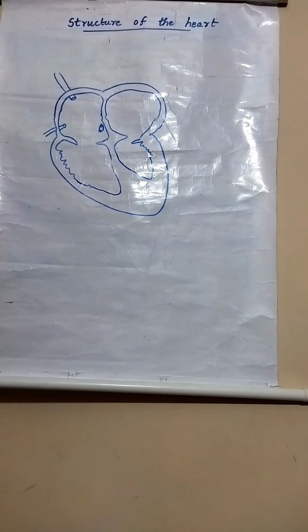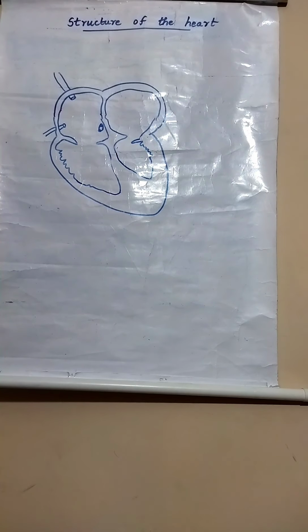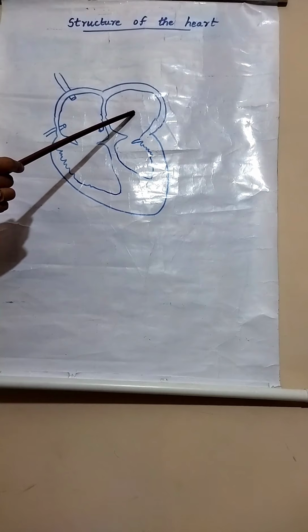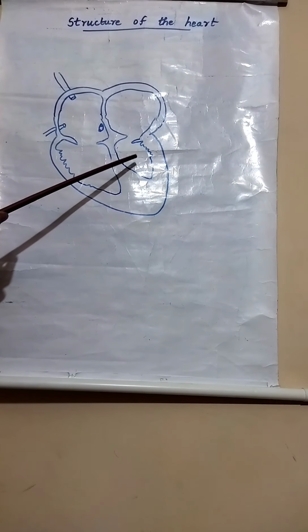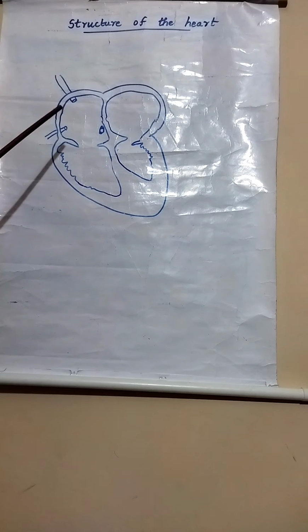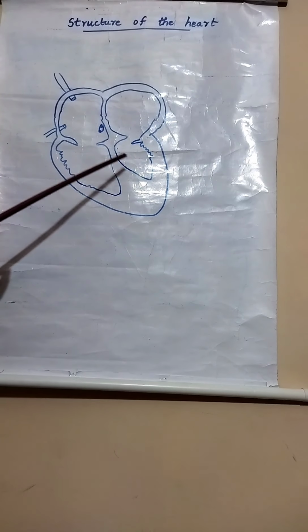Now, in mammals, the chambers in the heart are 4. So this is the left auricle, the right auricle, the left ventricle and the right ventricle. So 4 chambers of the heart, 2 auricles and 2 ventricles.